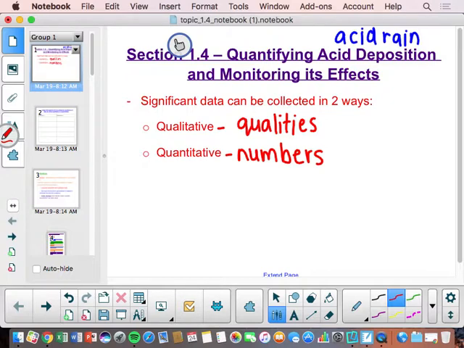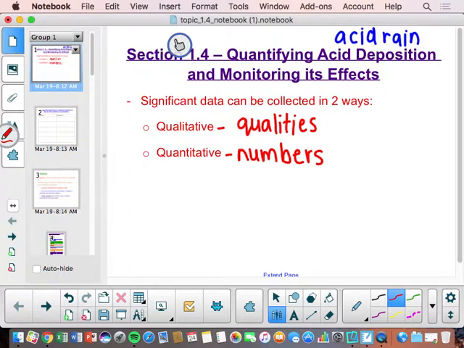Qualitatively, I could say the soil must be acidic because this type of plant grows in it. Or this soil must be acidic because there's no life in it. There's things not living here. So you're just making observations and writing those down. They're qualities about the soil.